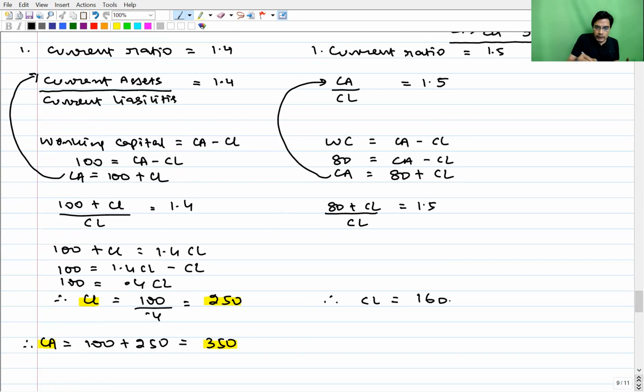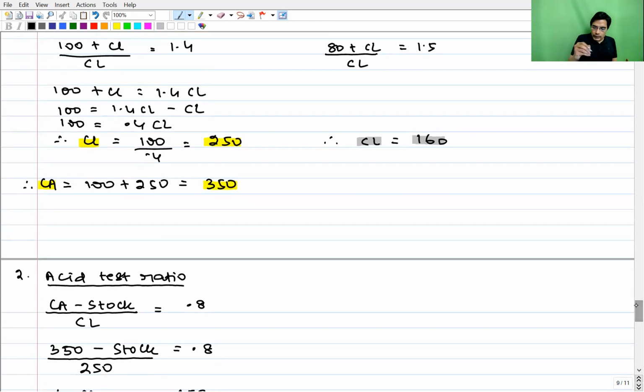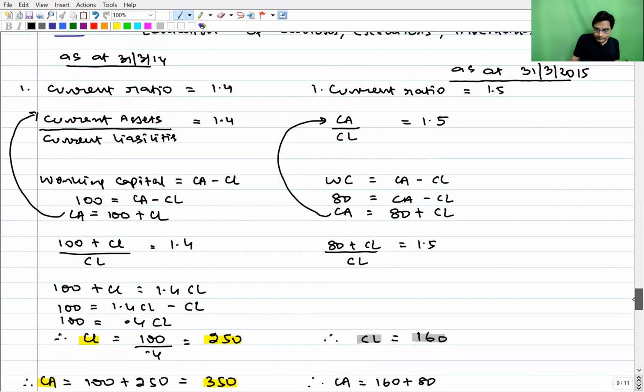This is our total closing current liability after solving this equation. If closing current liability total is 160, then total closing current assets will be 160 plus 80, because we know current asset is 80 plus current liability.